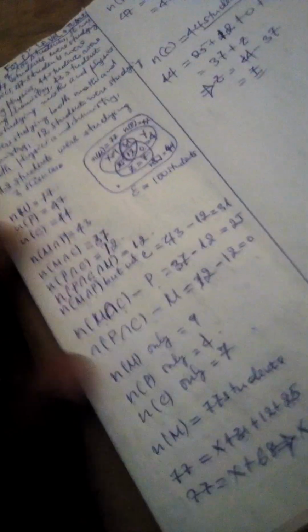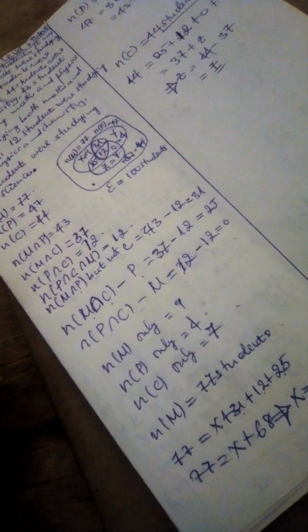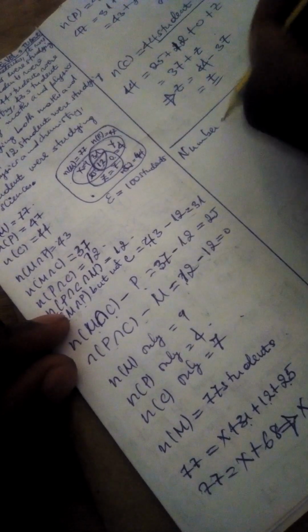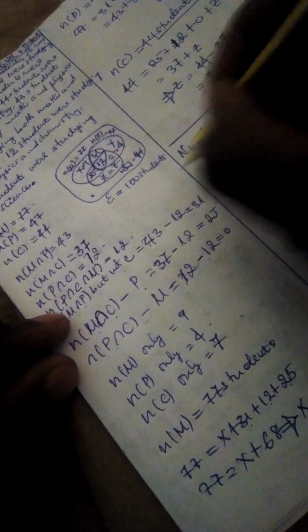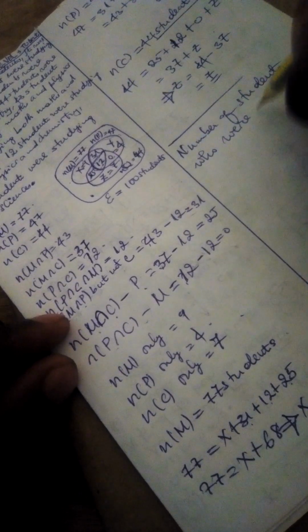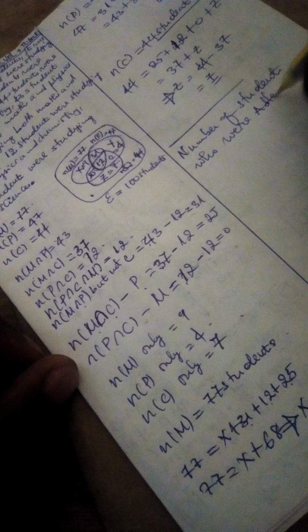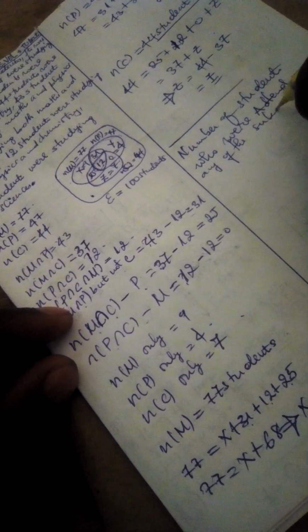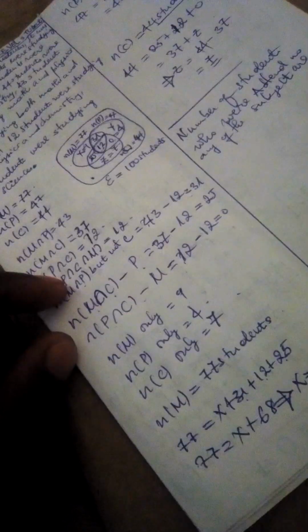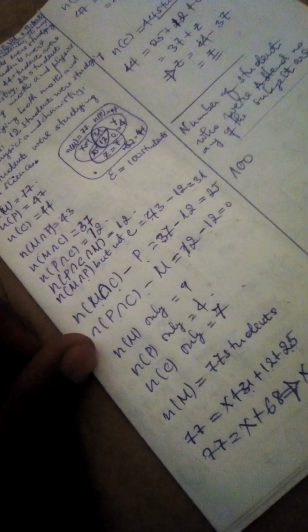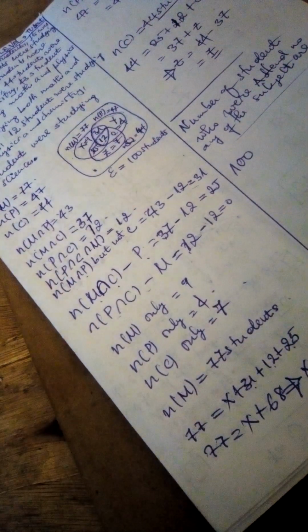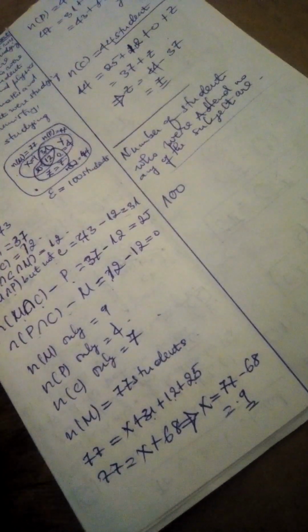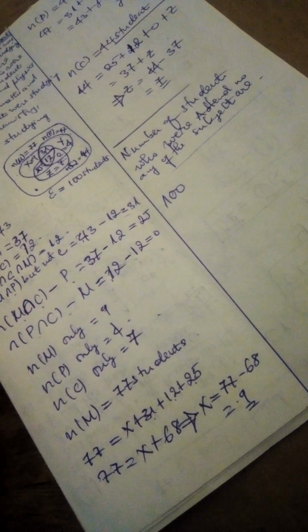Okay, so the number of students who will attend any of the subjects: here you will take 100, the number of students who were surveyed during this survey, then minus the number of students who will attend mathematics, physics, and chemistry.